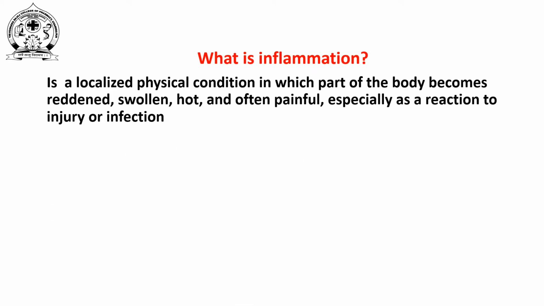Before going to the topic, first we will see inflammation. What is inflammation? Inflammation is a localized physical condition in which part of the body becomes reddened, swollen, hard, and often painful, especially as a reaction to injury or infection. The body's reaction to injury or infection is a desirable thing, but this reaction leads to some undesirable effects, that is inflammation.